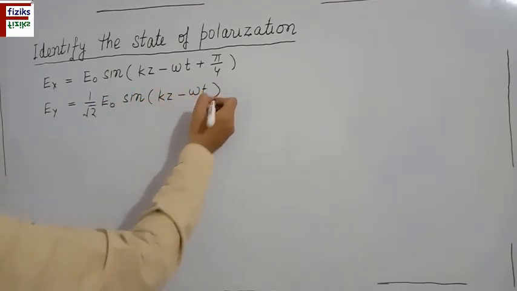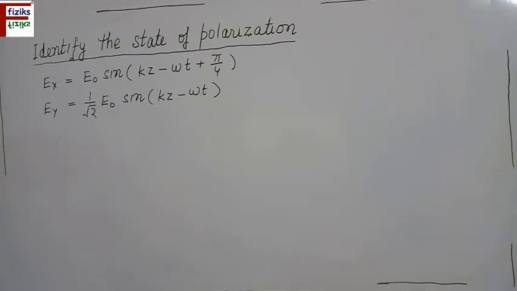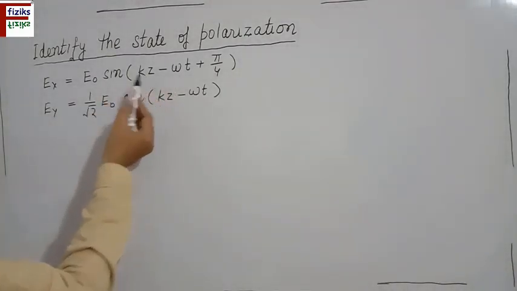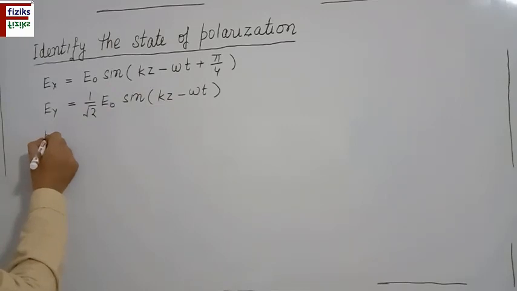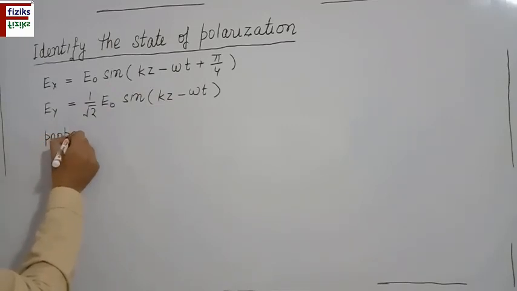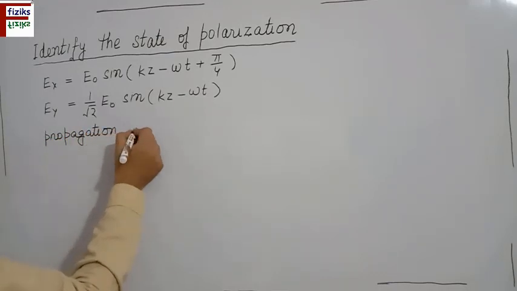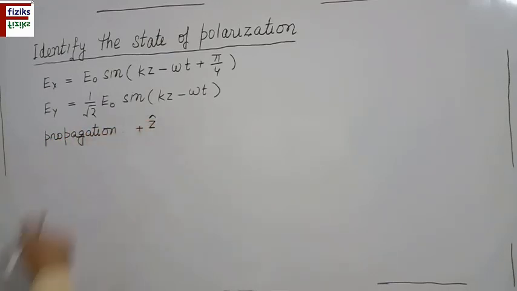Now we have to find out the state of polarization for these given components Ex and Ey. So again, what is the direction of propagation here? Omega t and kz have opposite sign. So the propagation direction is plus z cap direction.